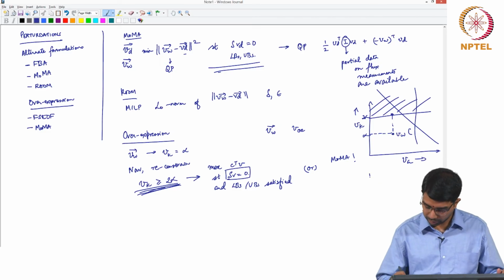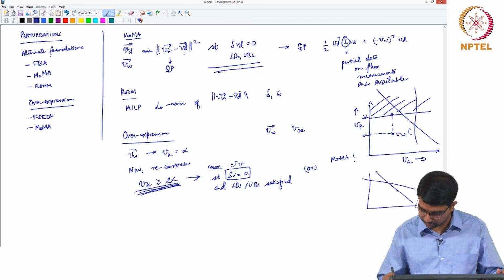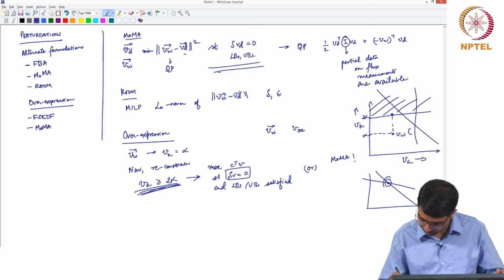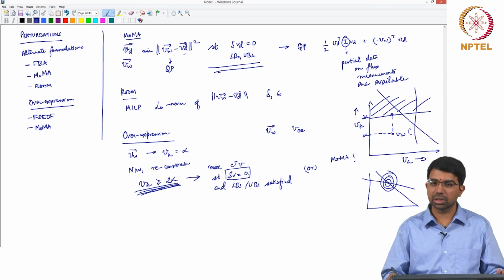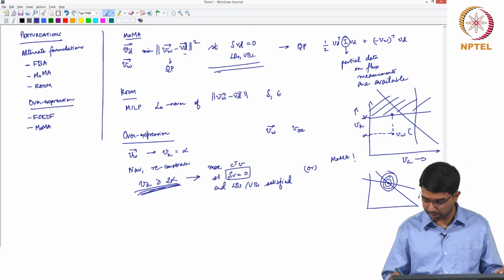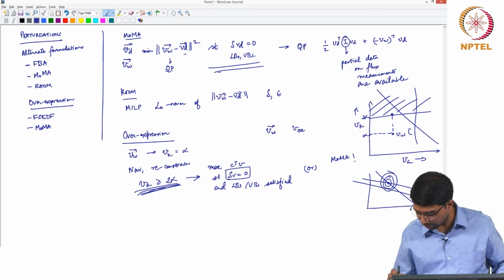So find the closest flux using MoMA. If you remember, if we actually had constraints like this and so on, MoMA essentially looks in circles around this, right. These are contours where VW minus VD is the same. Out of all of these, which of these cuts my new constraint? Let us say these are my new constraints.